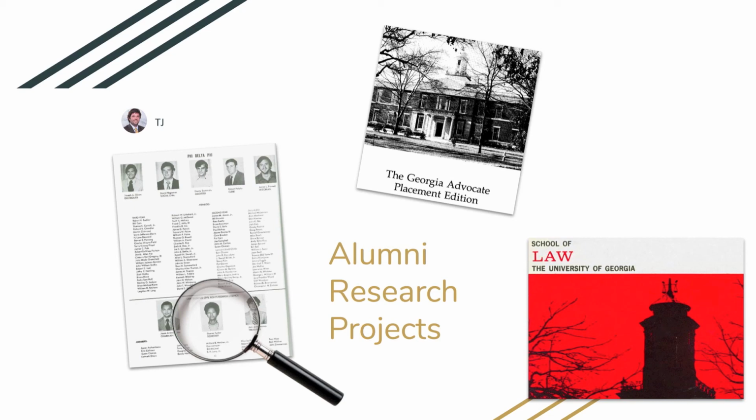By going into all of these materials that weren't searchable, we found out this is quite the task, because we had to look at dean's reports, student organization materials, and class directories, and this became kind of a big slog.